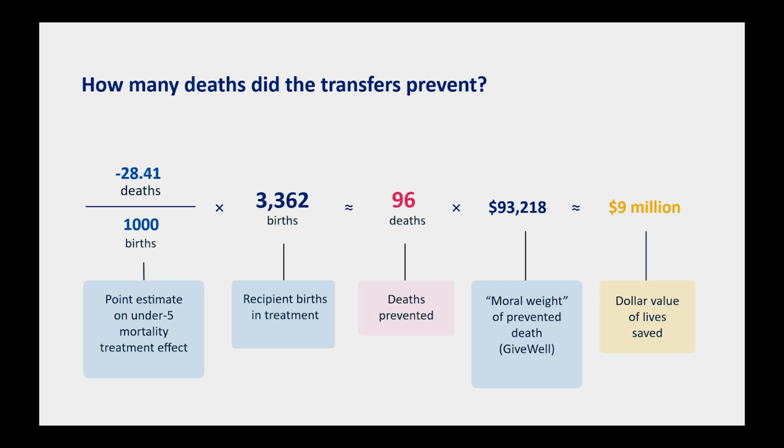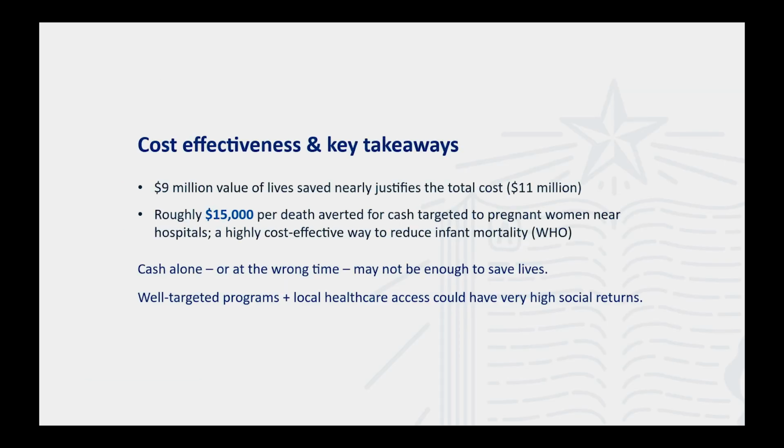If we take that number seriously, the benefit of these lives saved would be something like $9 million. That's a pretty large amount of money, especially when we consider that the total cash transfer was $11 million. And there were a lot of benefits of this cash transfer program: all the direct benefits for recipients, the schooling for their kids, the food, the better nutrition, the spillover effects, the multiplier effects, and these health benefits.